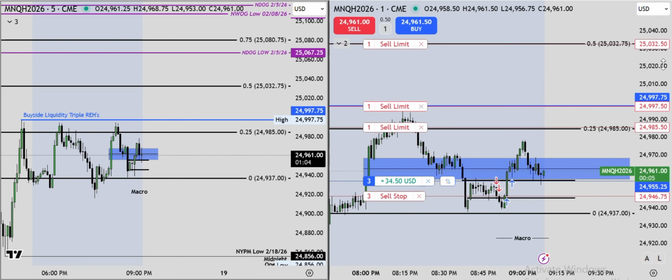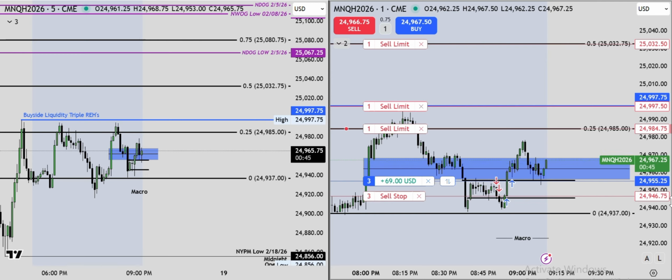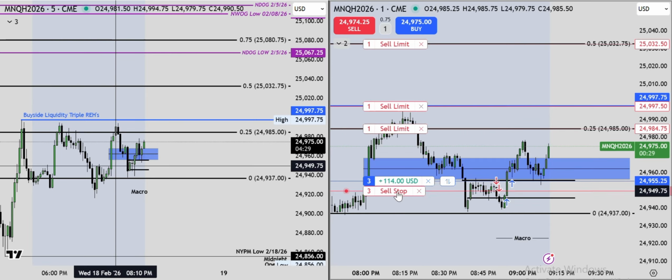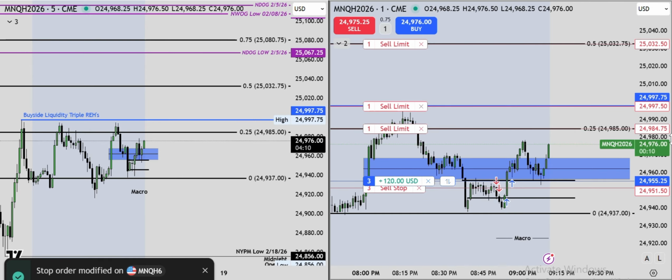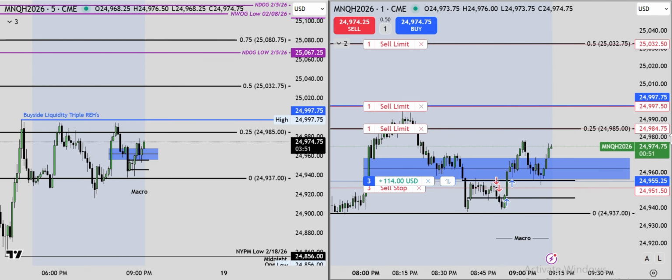And if we look on the left hand side, we have those relative equal highs, like a triple top, and they're directly above the lower quadrant of the 18th premium wick. So for me, that's perfect.